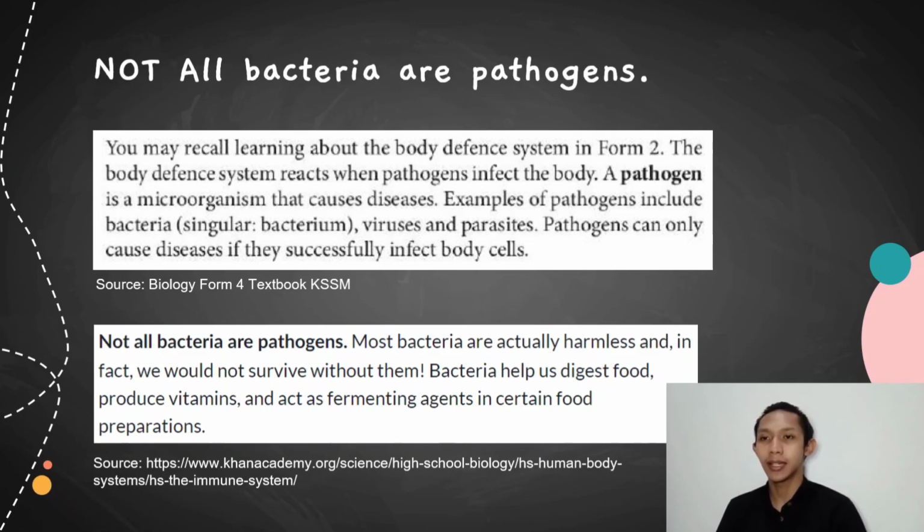As you can see in the slide, the textbook mentioned that examples of pathogens include bacteria, singular bacterium, viruses, and parasites. The student with a lack of knowledge related to this topic can make the generalization that all bacteria are pathogens. Actually, most bacteria are harmless. Bacteria help us digest food, produce vitamins, and act as fermenting agents in food preparation.